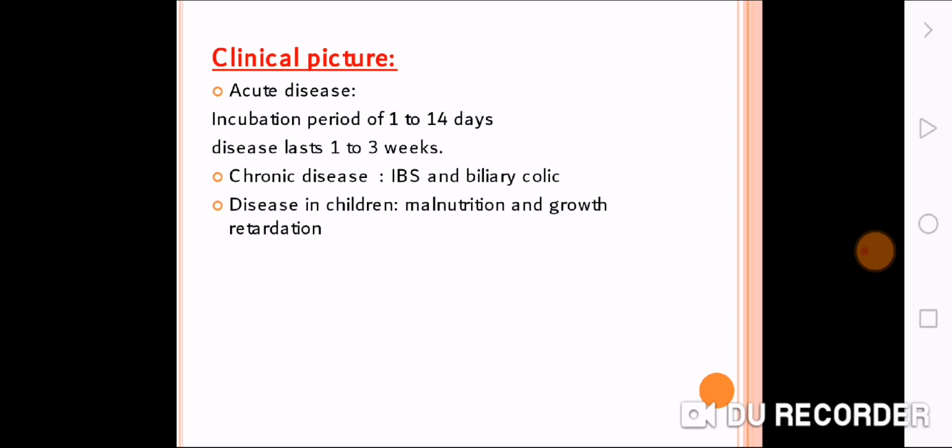In acute form of disease, there is acute diarrhea, there are gases, greasy stools that tend to float. There is abdominal cramp, abdominal pain, GIT upset, nausea, vomiting, dehydration. These symptoms might seem to resolve, but sometimes return back.